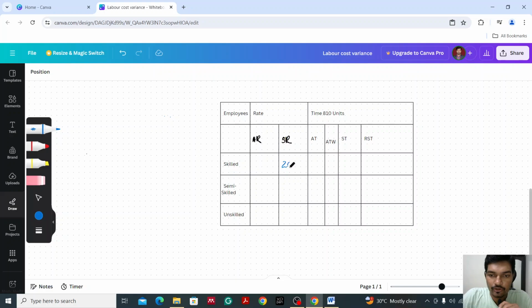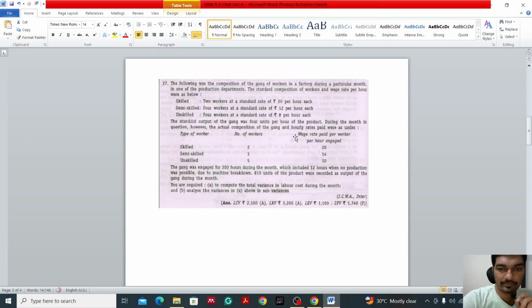Standard rate 20 rupees, 12 rupees, and 8 rupees. Similarly, the actual rate given in the sum. These are the actual rates: 20 rupees, 14 rupees, 10 rupees.